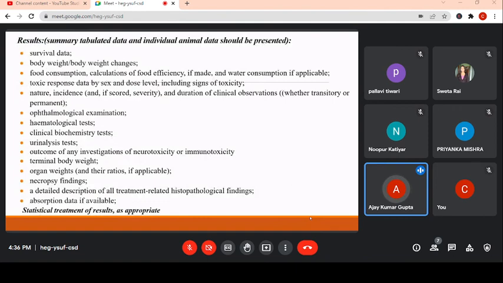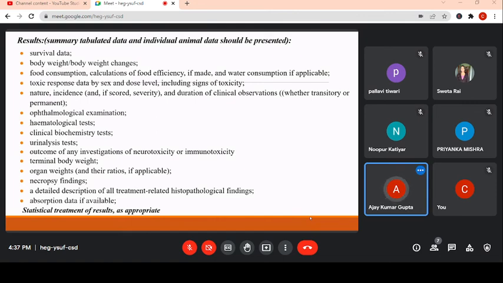Then what should be there in the result? The summary tabulated data and individual animal data should be presented in the result. Survival data, body weight or body weight changes, food consumption, calculation of food efficiency if made, and water consumption if applicable. Toxic response data by sex and dose level, including signs of toxicity.